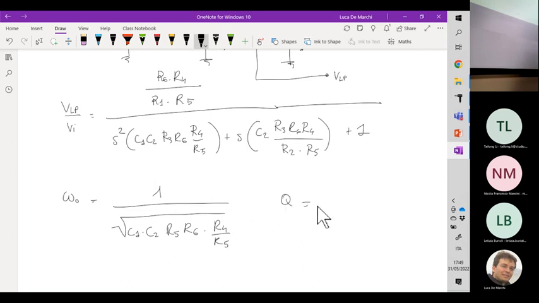And the Q parameter is given by this formula: C1 times R2 over C2 times R3 times R6 times R5 over R4.